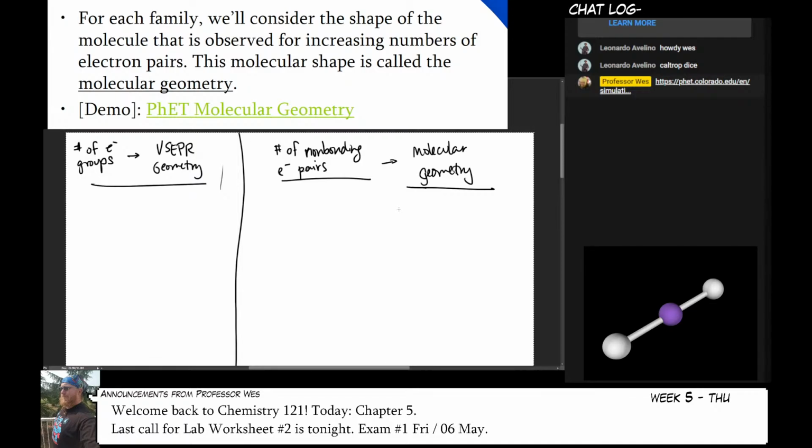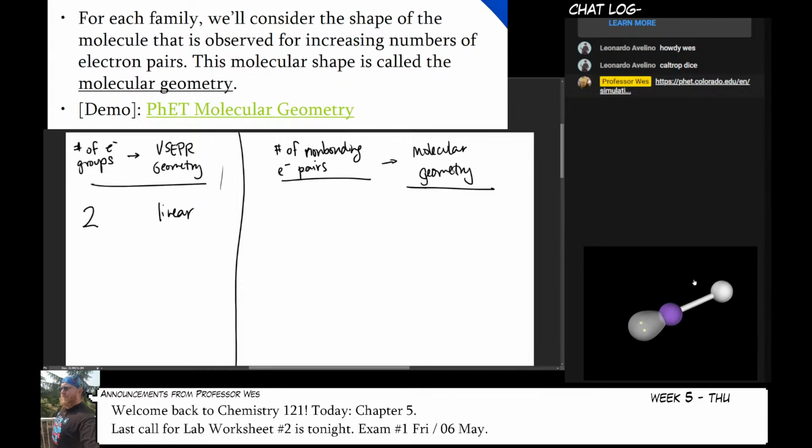All right, let's start at the beginning here. If I have 2 electron groups, then I will have a structure that looks like what you see on the board here, and the geometry of it will be linear. Whether both of these are bonds or electron pairs, it still forms a line.